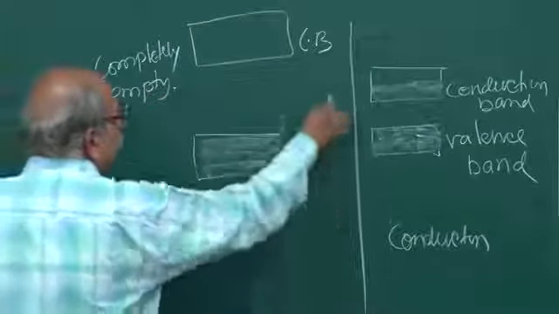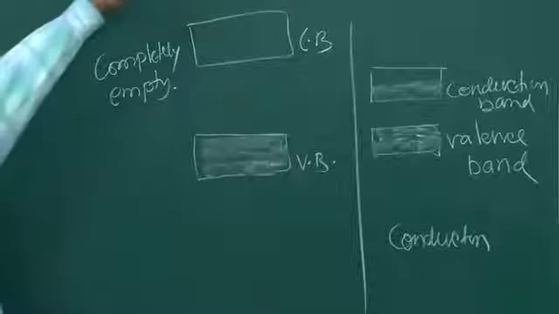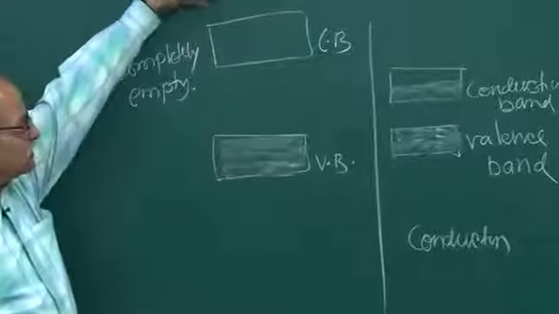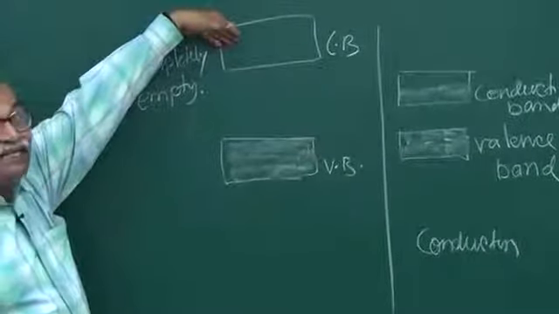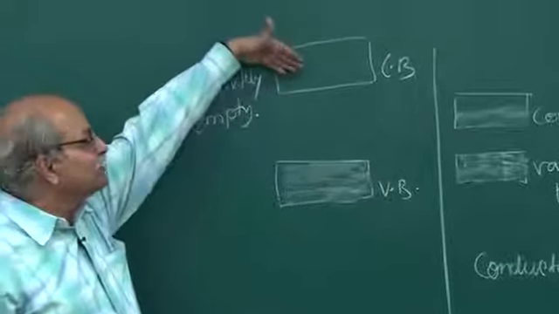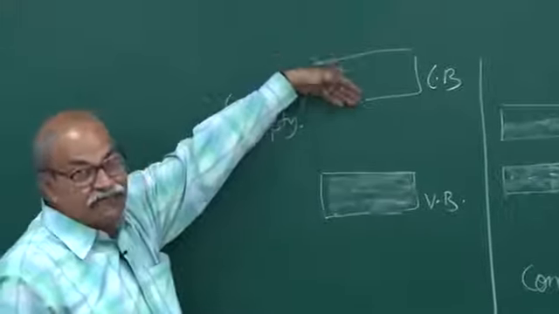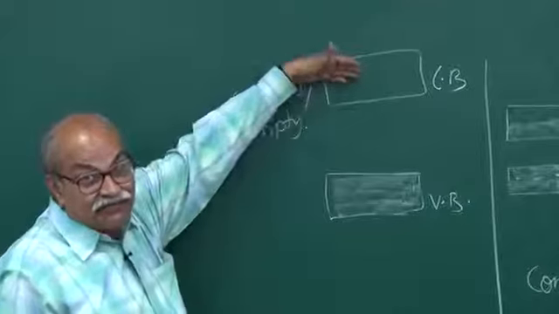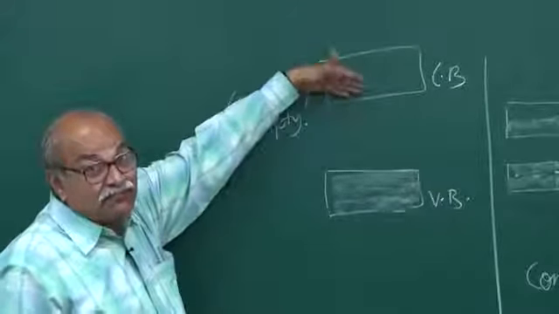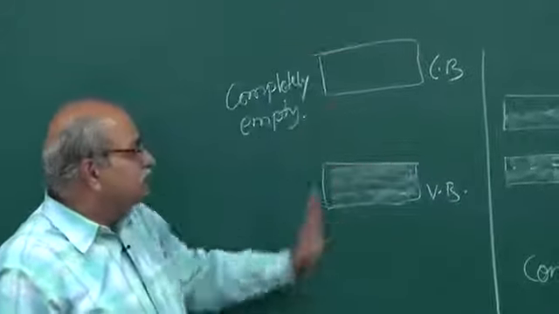So this is also possible, as I defined. If you come from top, the first not completely filled band, it's certainly not completely filled, it's not even partially filled, but certainly not completely filled. So this is the conduction band, this is the valence band.